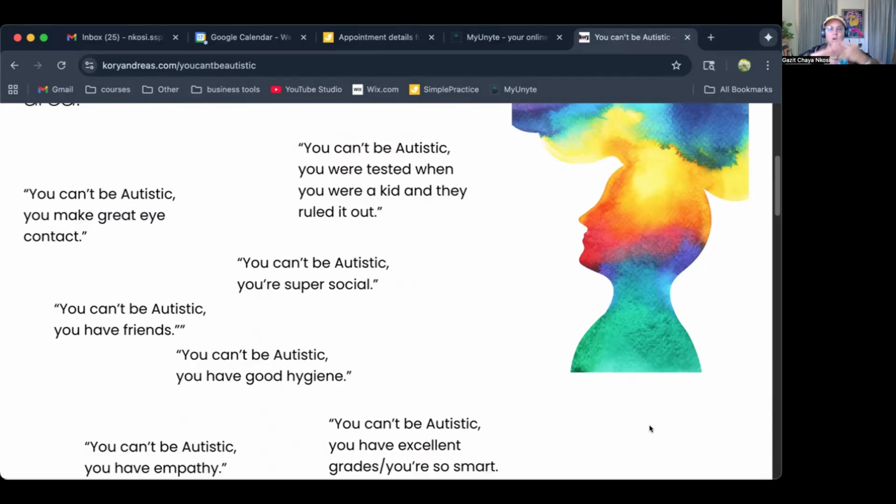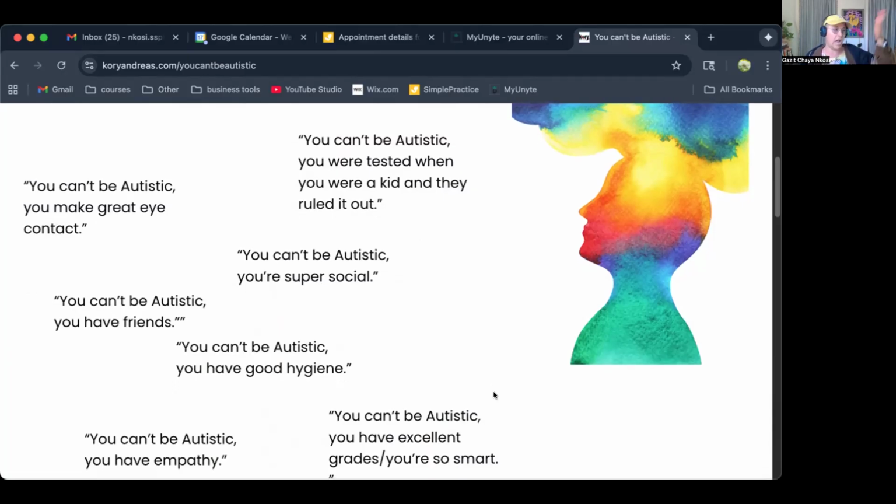And so folks of color, gender diverse folks, women, people who have less financial resources, people who have had less educational resources, all of those people tend to not even get seen. They're often just told, you're fine, or you have oppositional defiance disorder or something.